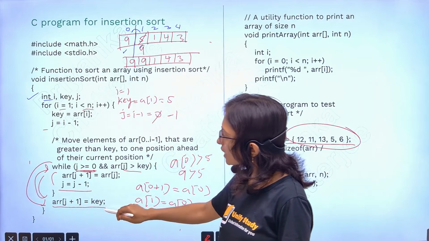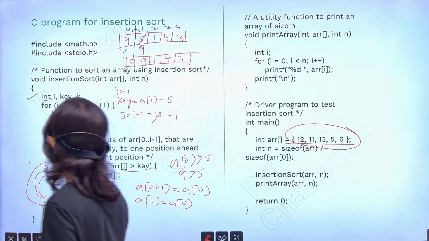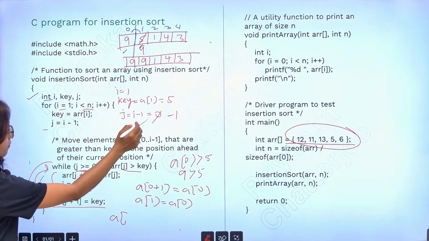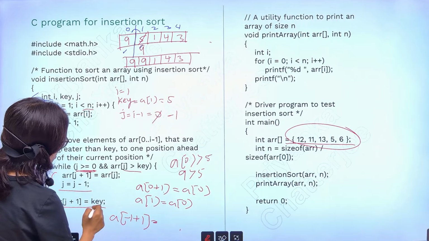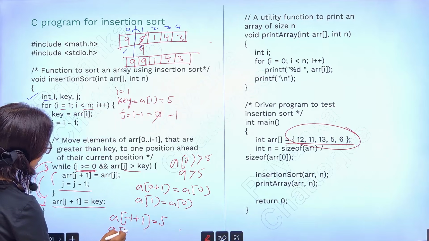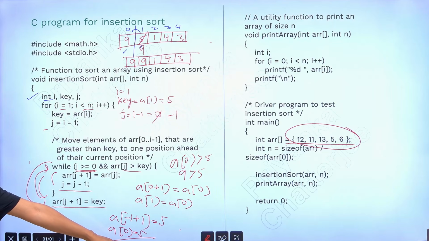It will execute this one: a[j+1], that is a[-1+1], equals key. What is your key value? 5. That means a0 equals 5. You are doing a0 equals 5.